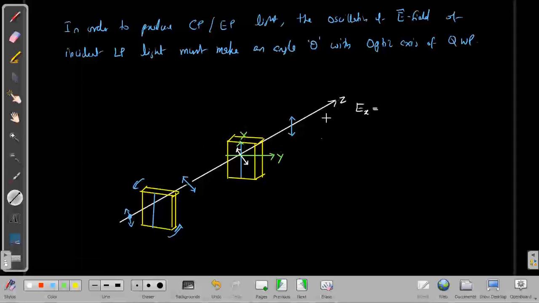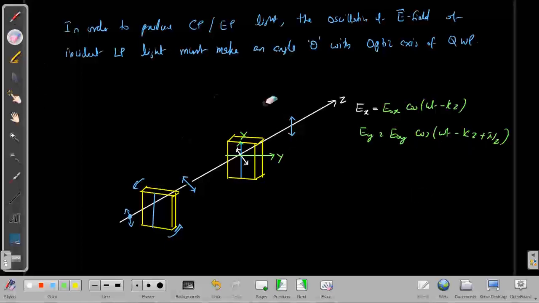So x, y, z. So Ex would be E0x cos(omega t minus kz), and Ey would be E0y cos(omega t minus kz plus pi by 2). So obviously we'll get circular polarized or elliptically polarized light after this.